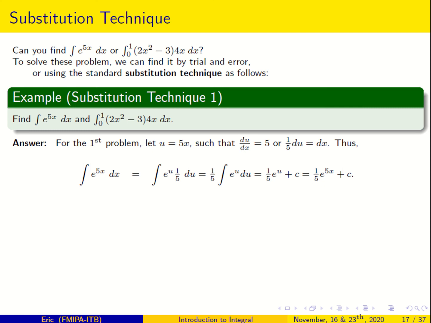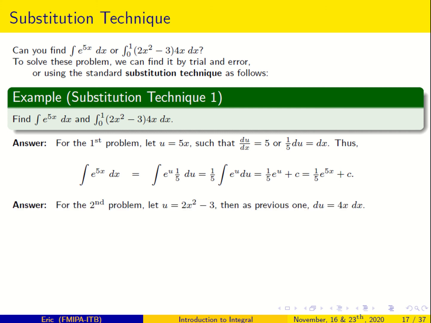So you have 1/5 e to the u plus an arbitrary constant. Don't forget to substitute back what u is. U is 5x, so you have 1/5 e to the 5x plus a constant. If you find the derivative of this, it will give you e to the 5x. So it is just a simple way to check whether your answer is correct or not.